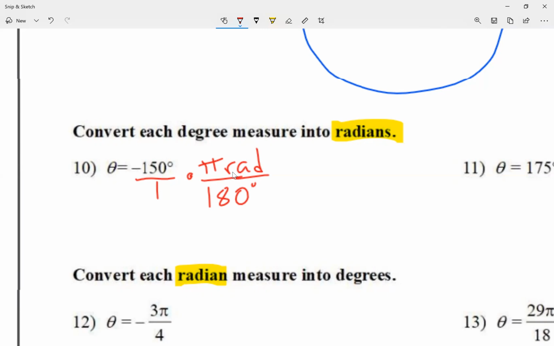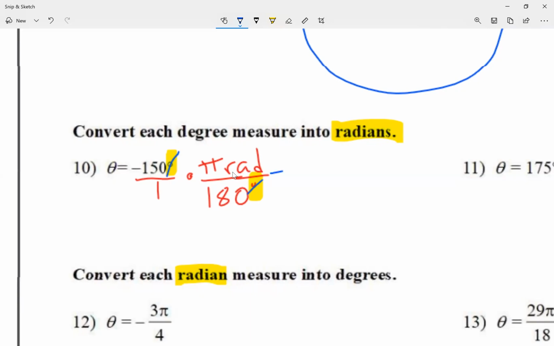The order matters. If I write 1 pi radian over 180 or 180 over pi radians, the order is going to matter. I'm going to choose, let me point out, there's degrees here and there's degrees here. I want one of them on the top, one at the bottom, so they cancel out. I want the degree symbols to cancel out.